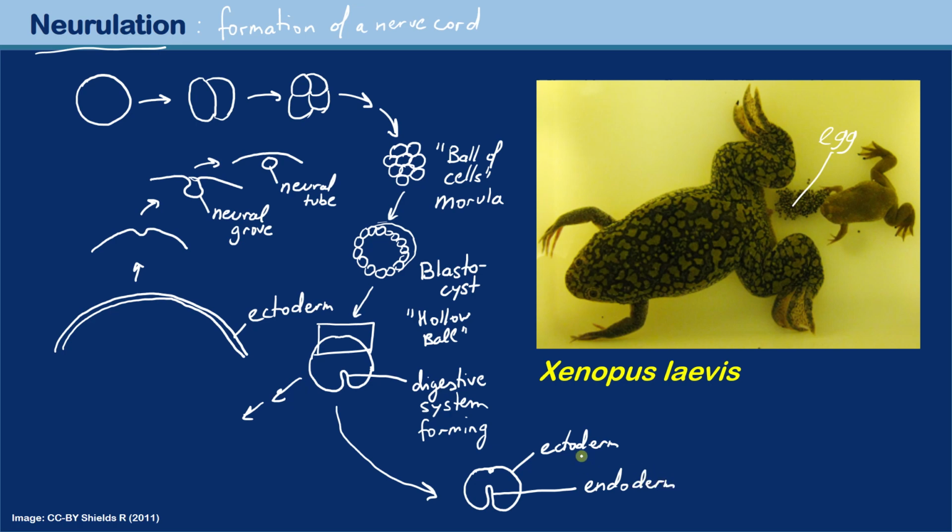Derm means skin, the skin on the outside, the skin on the inside, and later on you have also cells moving inwards from the ectoderm, and these cells on the inside here, which start to form inside here, that's known as the mesoderm. So ectoderm will form later the skin, of course, and the nervous system.